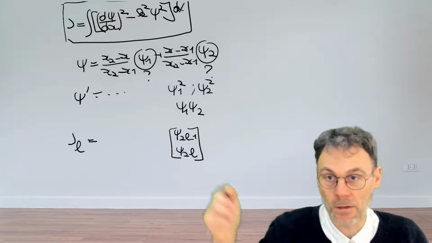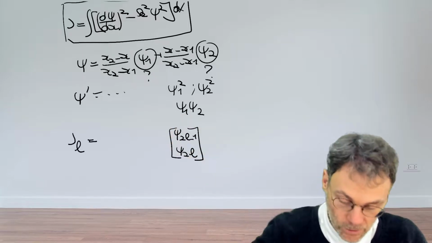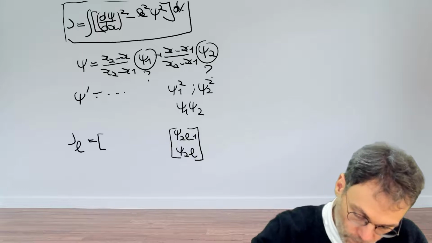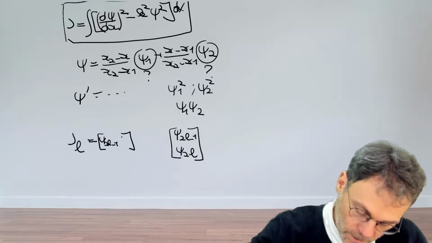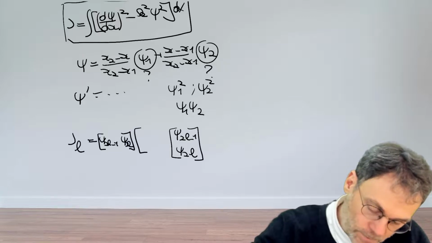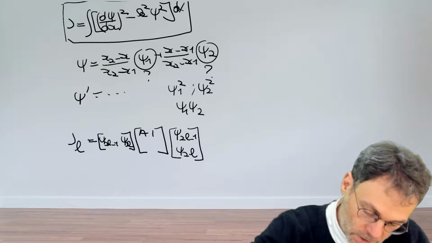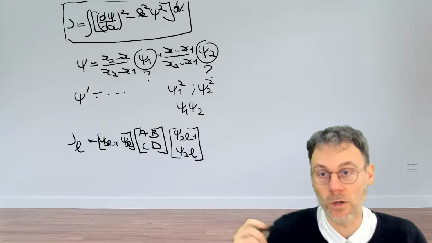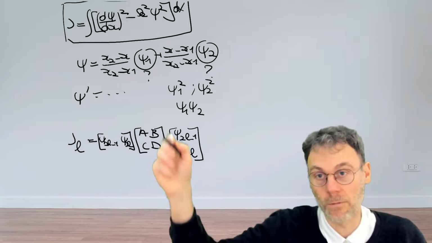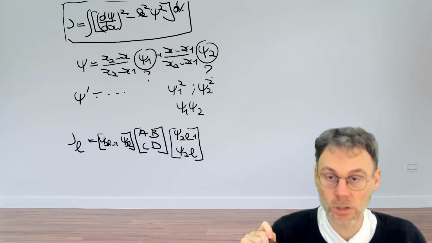So this is how we generalize this to any element. We have then this column vector over here, but then we also transpose that to get this one, psi 2L minus 1, psi 2L. And in between we have a certain matrix A, B, C, D, with A, B, C, and D coefficients. Well, they're not really unknown, but you can determine them by doing this nasty integration.